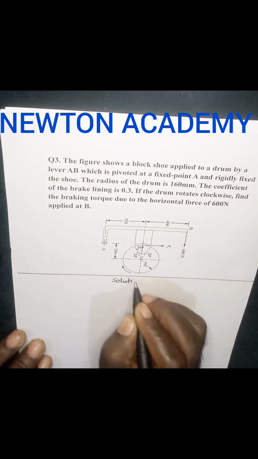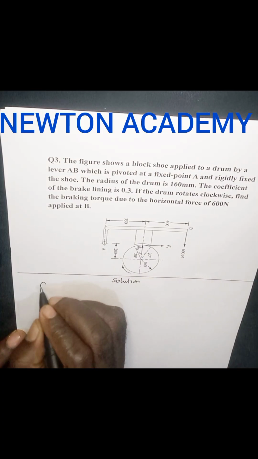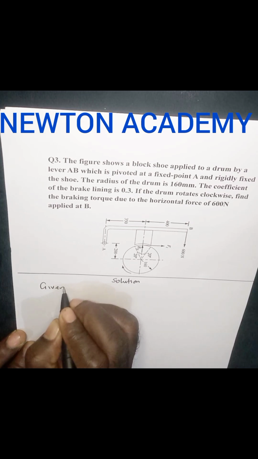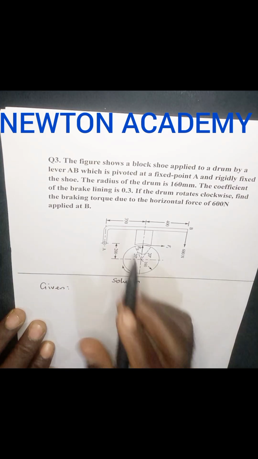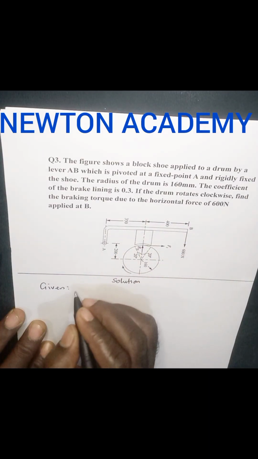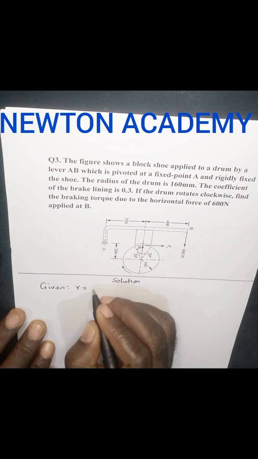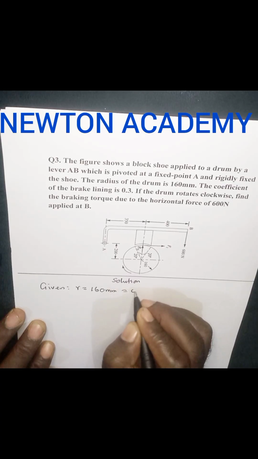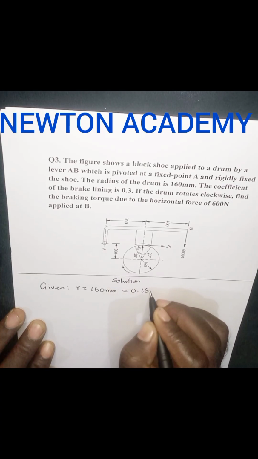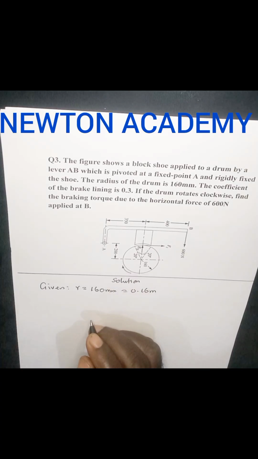our solution. Now let us take our given. Here we are given the radius of the drum R to be 160 mm, which is equal to 0.16 m.